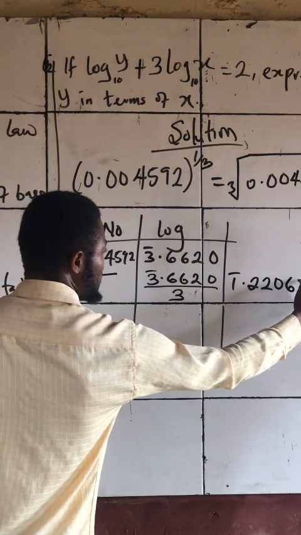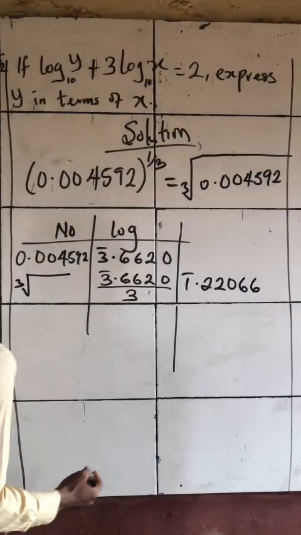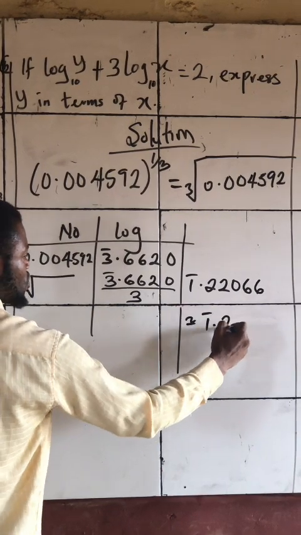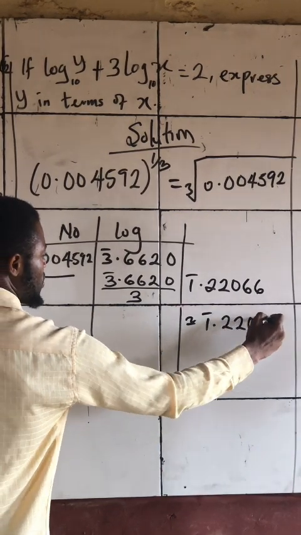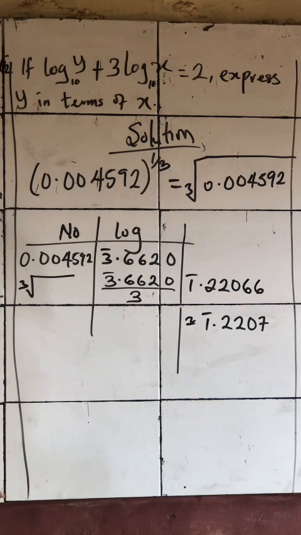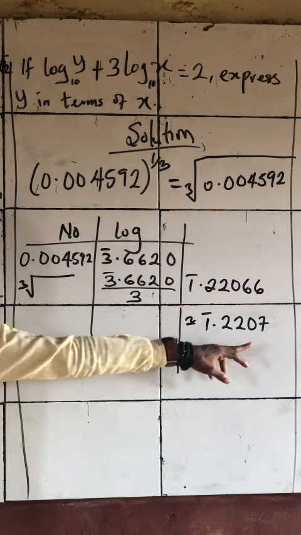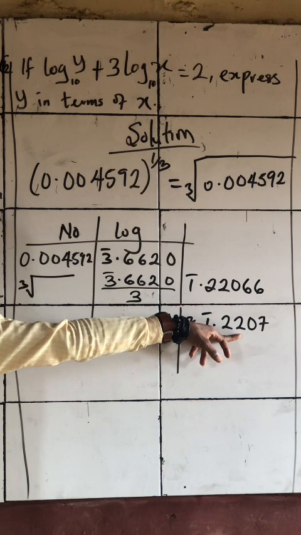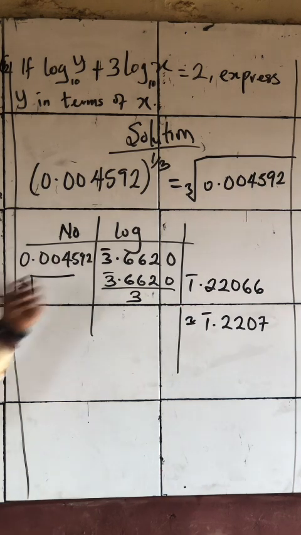So at the end of the day, you can have it as bar 1.2207. And the reason why we put it at 4 decimal places is because of what? We are dealing with 4-figure table. You get that now?